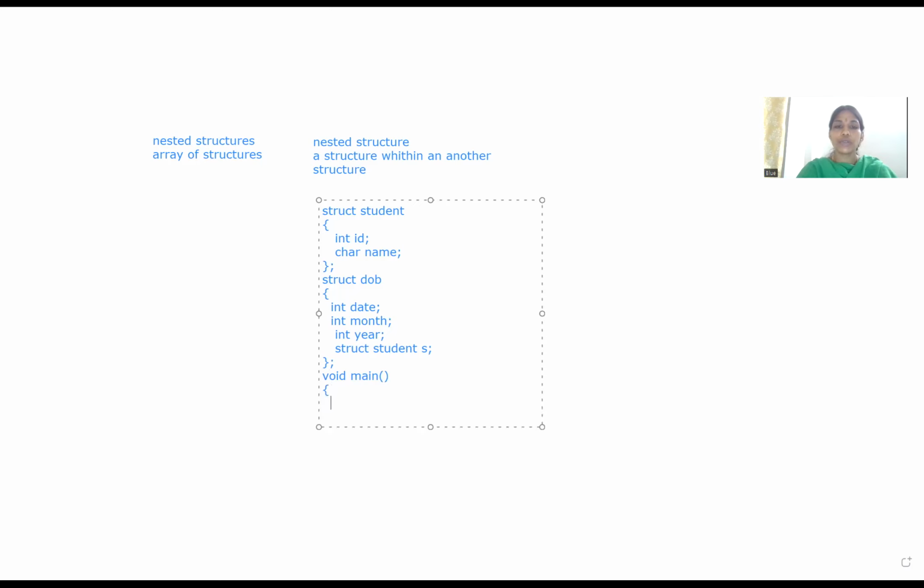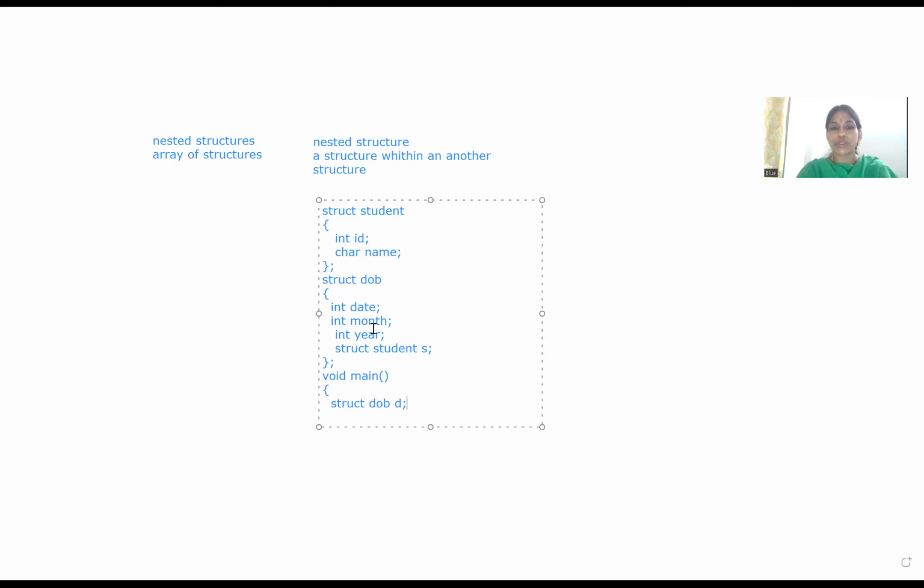Here we need to initialize the values for the student structure members as well as the date of birth structure members. For the student structure members, how are we initializing values? The student structure variable is s. First, we need to declare the variable for date of birth also, because in the date of birth structure we also have some structure variables.